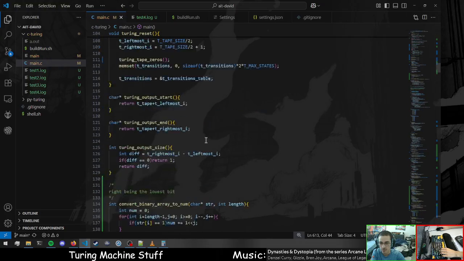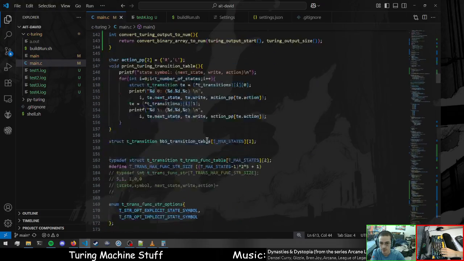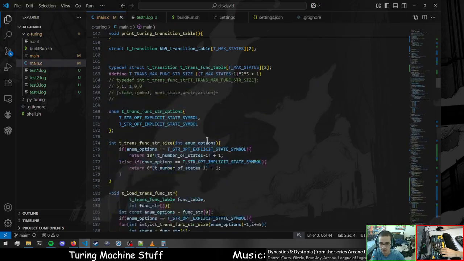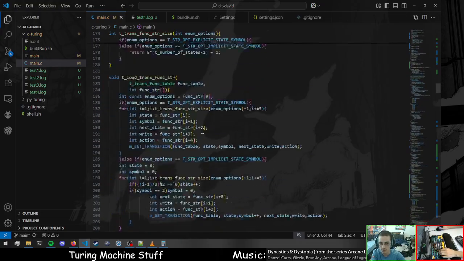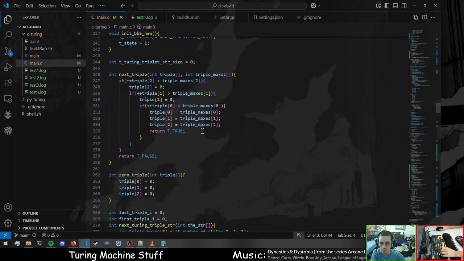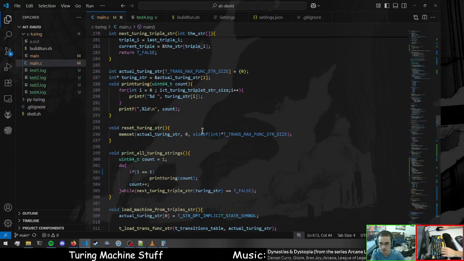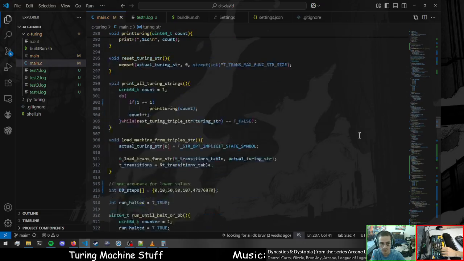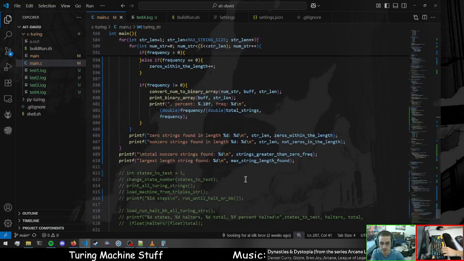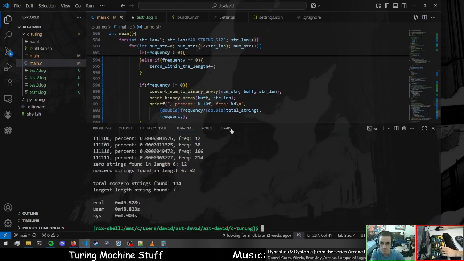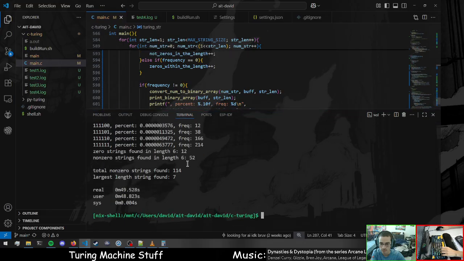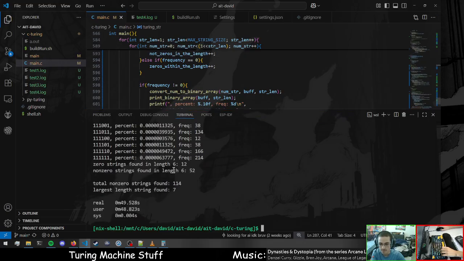With Turing machines, the only thing that has to be parallelized and chunked up is the search for Turing machines. That's what I want to do. So I think I would make a function that lets you choose Turing machines from a certain range.